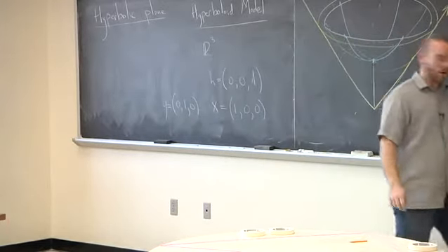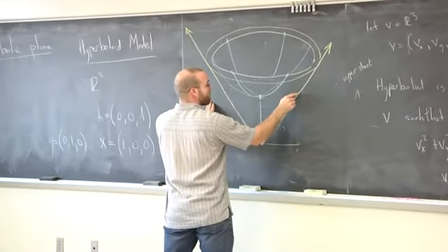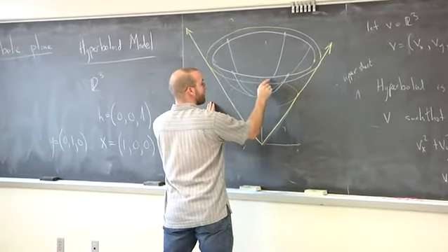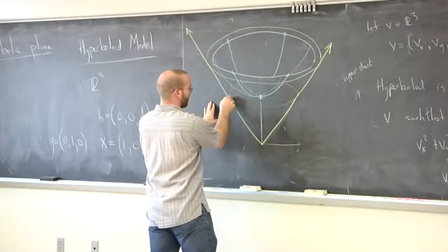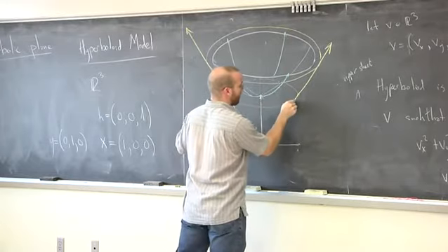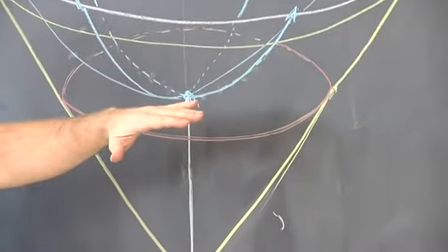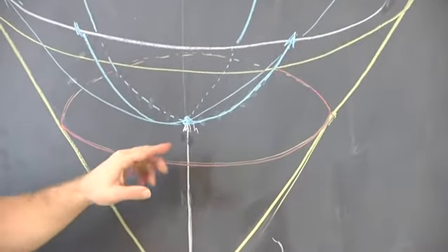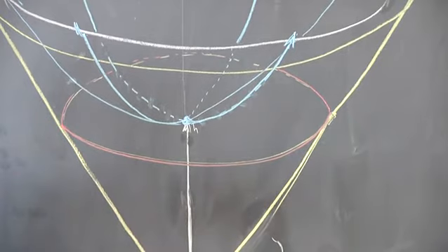Let's see. I'll draw it in red. This disk right here. So this disk is up at height 1. So the vector H is at the center of this disk.